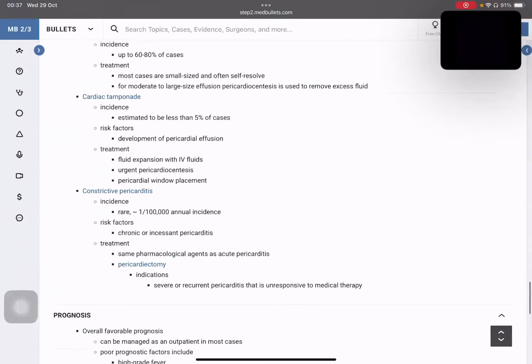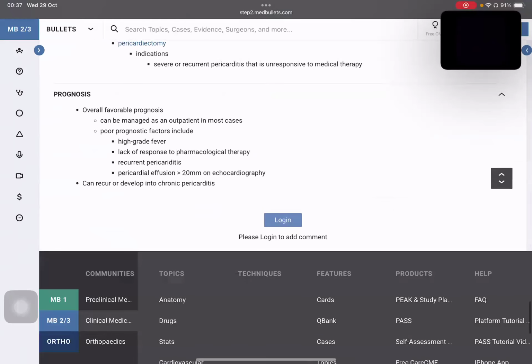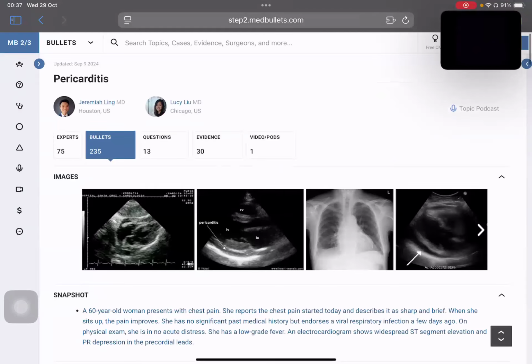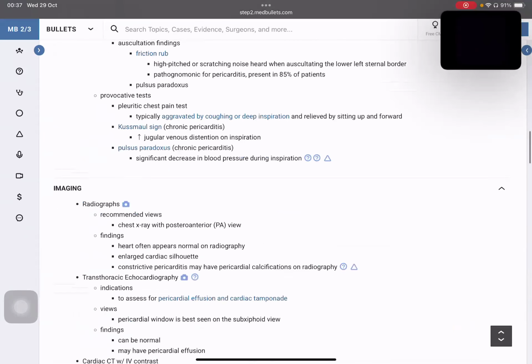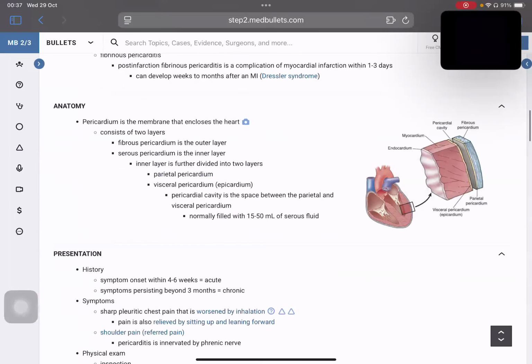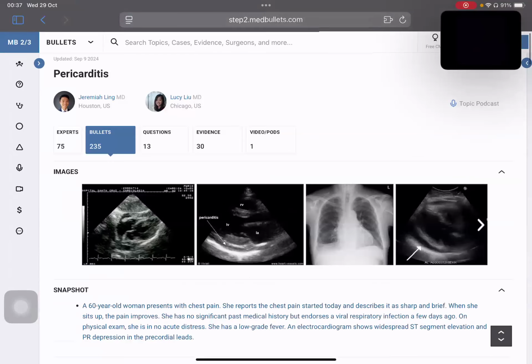it's pretty much detailed, but you won't be needing all of these things. But I think it saves a lot of time. Let's say it wouldn't even take 30 minutes to read this, or let's say you could give 30 minutes to read this, but if you were to read from a textbook or a huge article, it would take longer. So if you are running short of time, if the time you can give for a day to study is very limited, I would suggest you study things through Med Bullets.